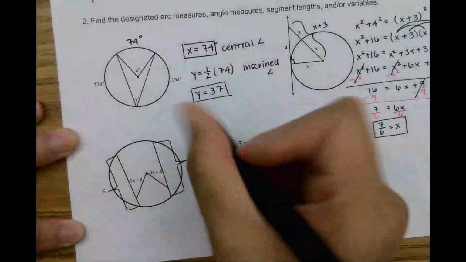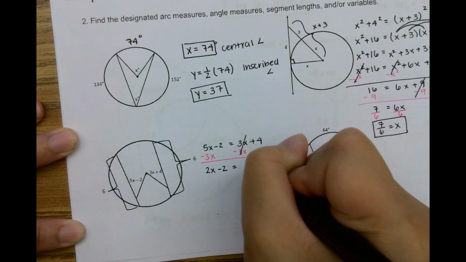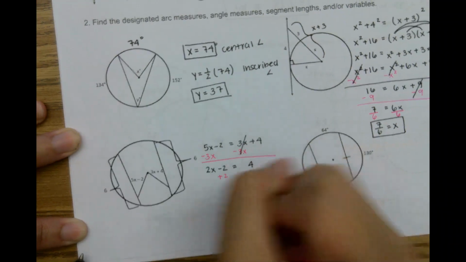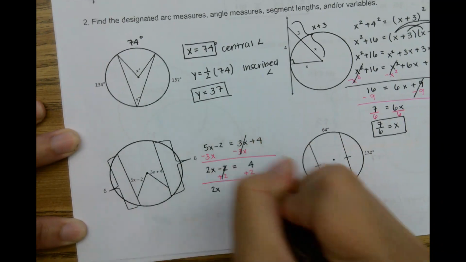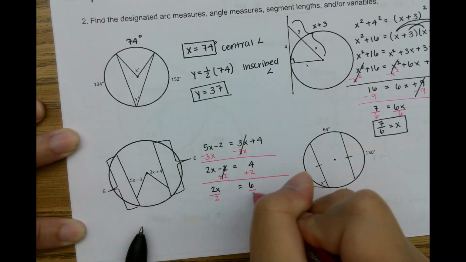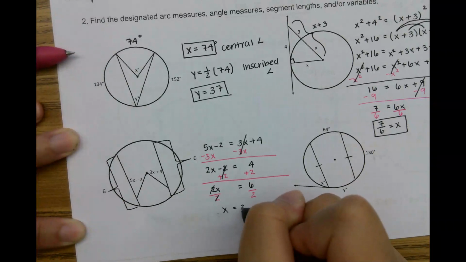This is 2x minus 2 equals 4. Okay. Going to get rid of the minus 2 by adding 2. Okay. So that means 2x equals 6. And then get rid of the times 2 by dividing by 2. This will be x equals 3.